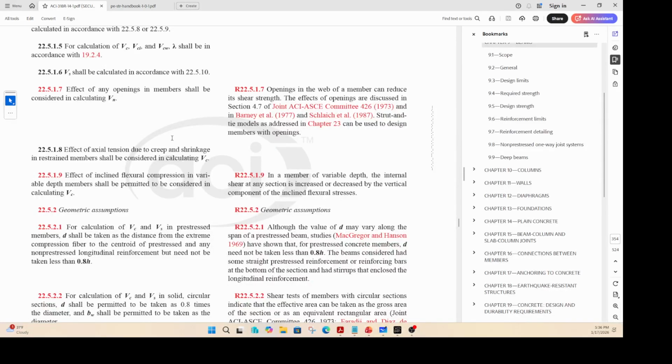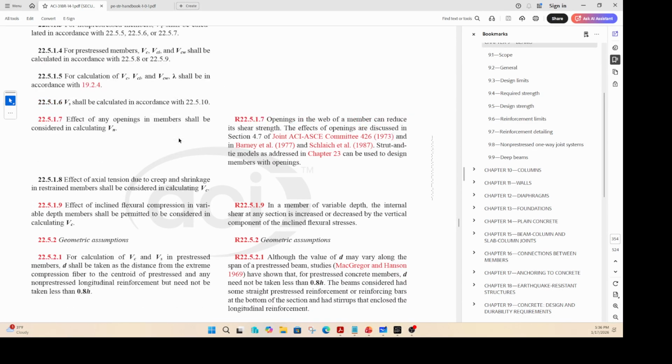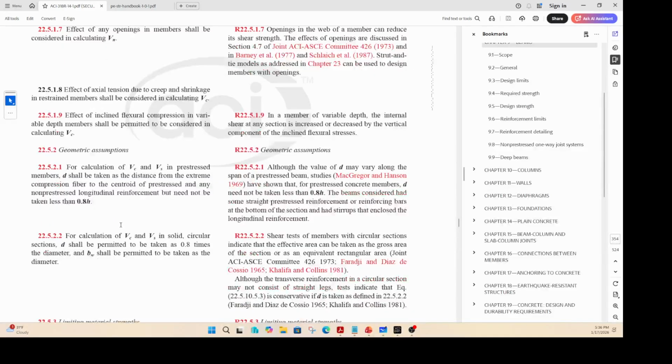Before I go to Vs, many times, sometimes you'll have a circular beam and your beam is subject to shear. Now we know that Vc is a function of 2 lambda root Fc prime bw times d. We know bw is the breadth of web and d the depth of beam. But if it is a circular beam, what is the bw? What is the d? That is what is given here in this particular section, many times it is hidden.